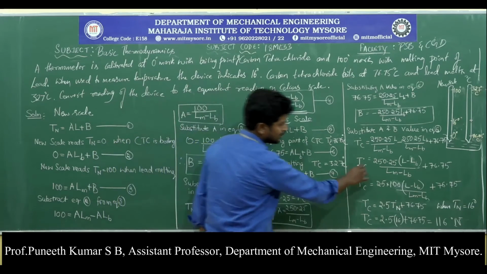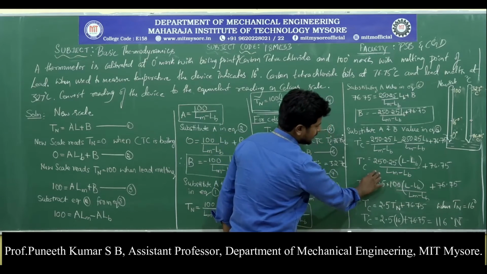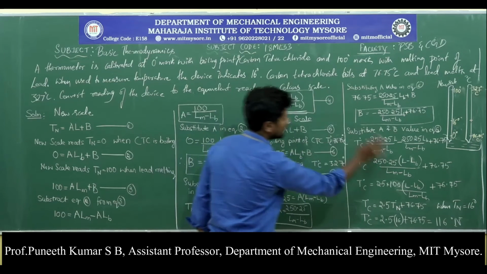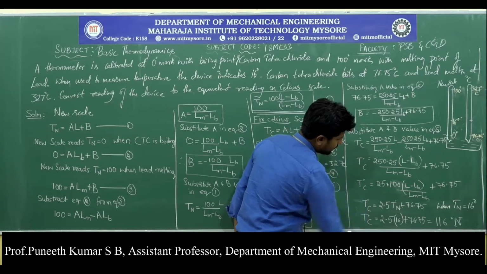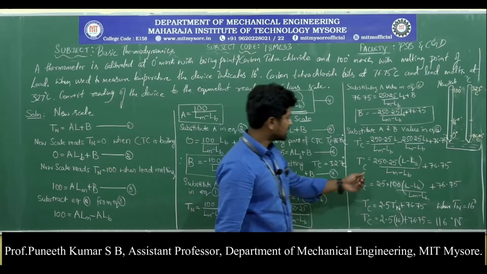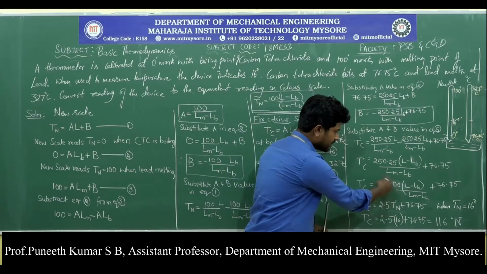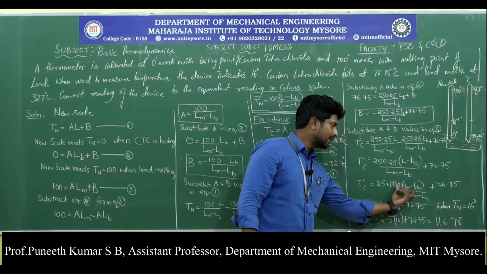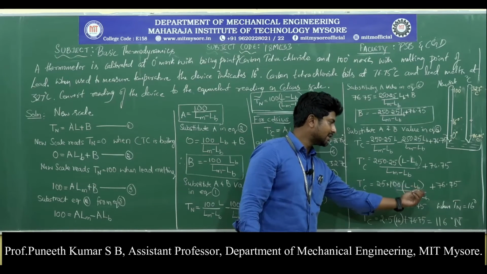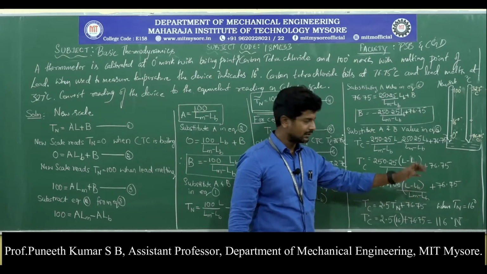If we can see the same pattern, to bring it into the same pattern we have taken 2.5 common, and made it look like 100 into L minus LB divided by Lm minus LB.